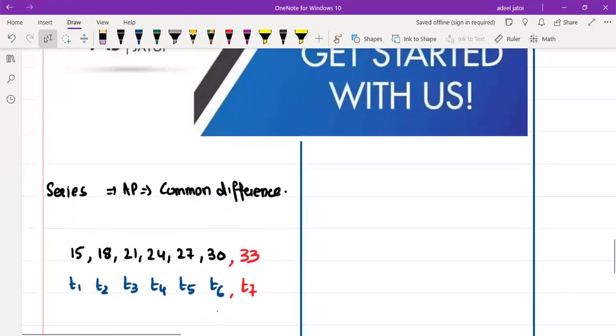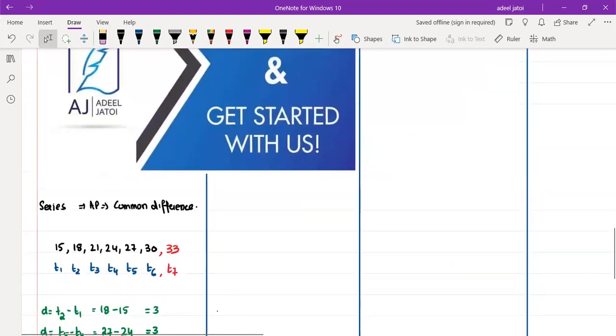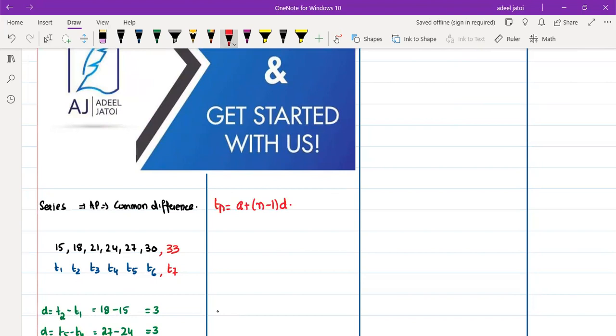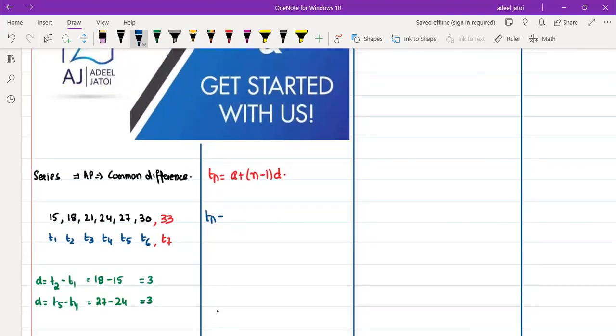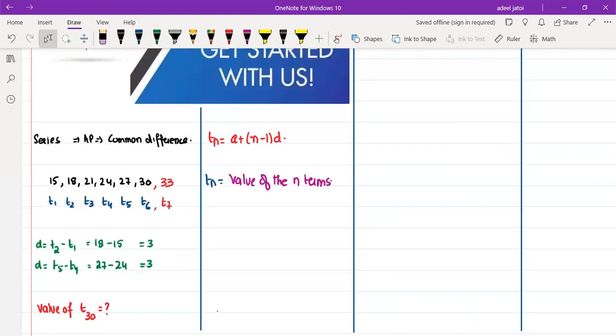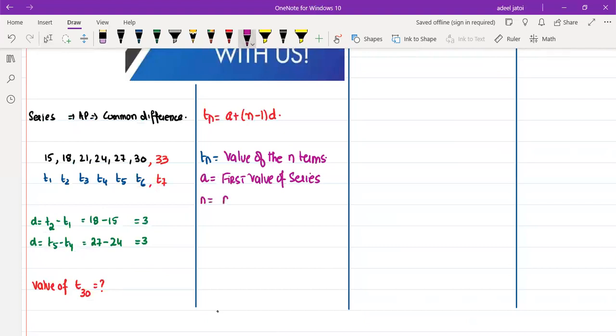So in that case, we have a formula for AP, that is Tn is equal to A plus n minus 1 D, where Tn describes the value of the nth term, A is the first value of the series, n is the term number itself, and D is the common difference.